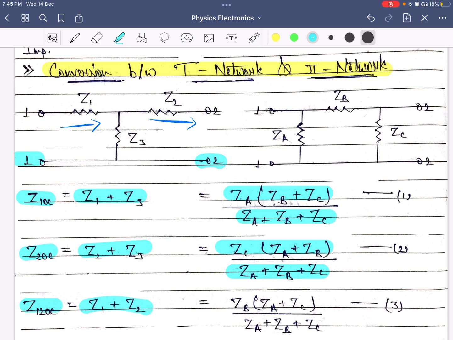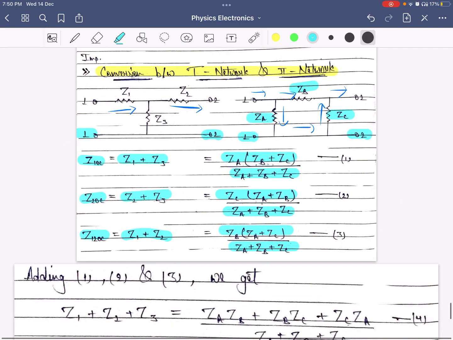For the pi network, one input terminal and one output terminal are open, in which case there will be flow of current through impedances ZB, ZA, and ZC. From that, ZA and ZC are in series, which is in parallel with ZB. So we will get this equation.